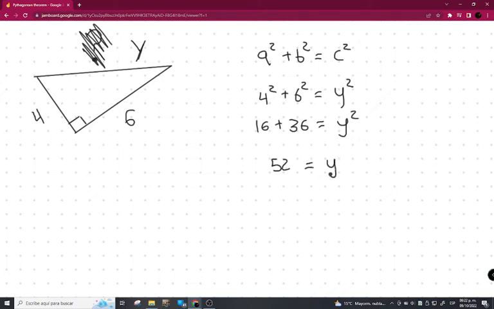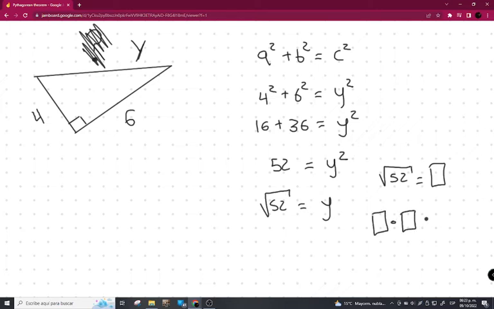So 52 is y squared. And in order to find what y is, we need to find the square root of 52. And remember once again, the square root of 52 is a number, and that number multiplied by itself is 52.